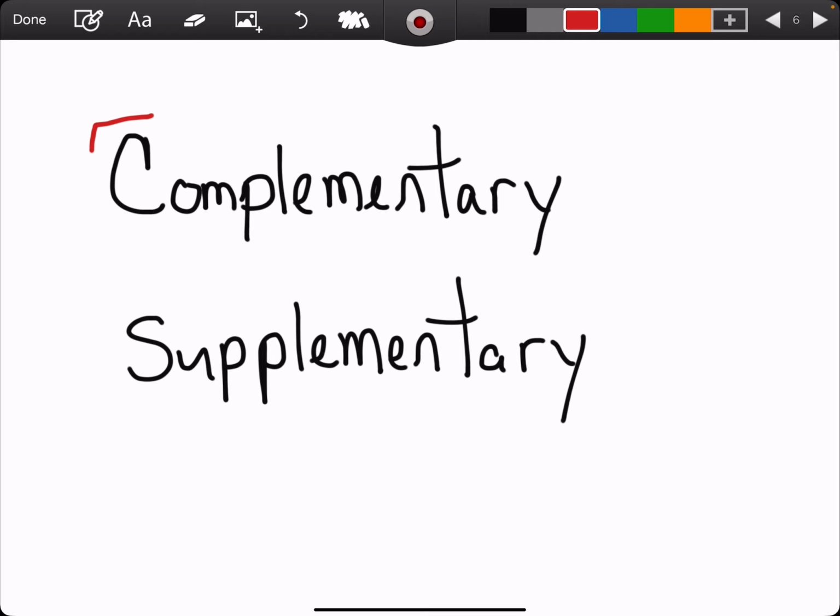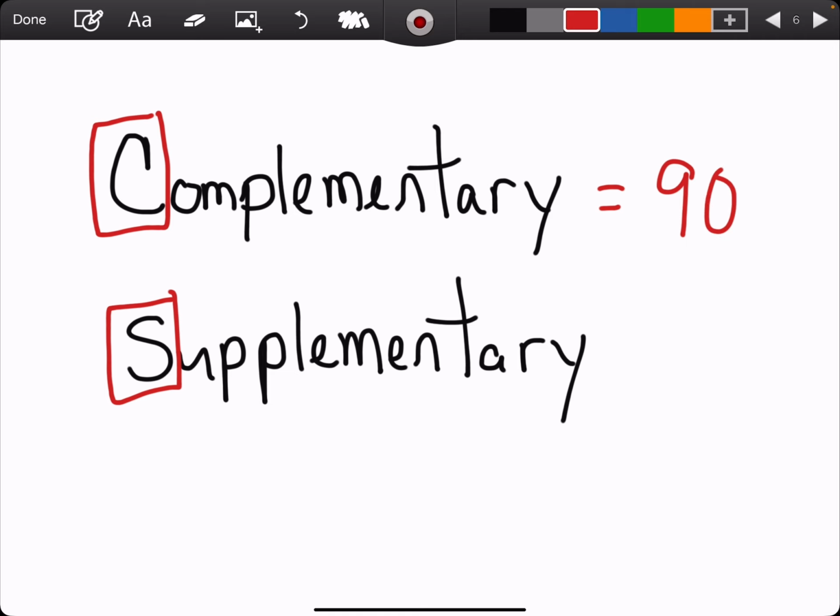I always think the letter C comes before the letter S, and 90 degrees comes before 180 degrees. So it's 90 and then 180, and then C comes before S. Complementary comes before supplementary. That is how I always remember it. Okay? So there's a video on how to find complementary and supplementary angles.